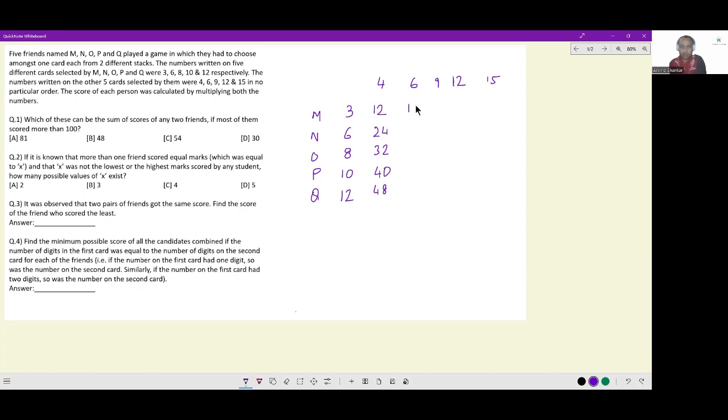Here we get 18, 36, 48, 60, and 72. Now, here we will get 27, 54, 72, 90, and 108.